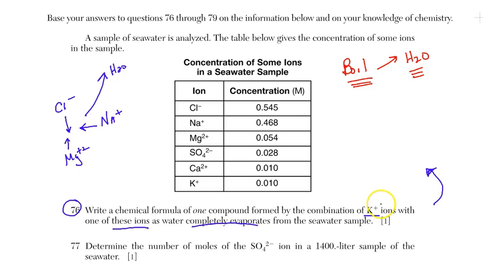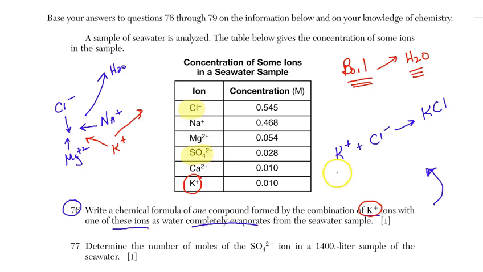So what they're saying is, what will K plus bond with as I take the water out and these guys get closer and closer? Well, K plus is going to bond with things that are negative, because positives attract negatives. And if you notice, there's only 2 ions that are negative. So what would it make? Well, the K plus would hook up with, say, the chloride ion, and because K is +1 and chloride's -1, you'd make KCl.